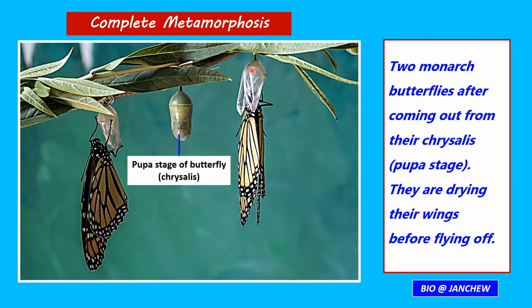And here you see the empty pupa casing, because the butterfly has emerged from a pupa. Whereas for this one, the pupa still contains the butterfly, right? So these two butterflies that have emerged are drying their wings before flying off, and it will be the first time that they fly in the air, having just attained adulthood after the pupa stage.